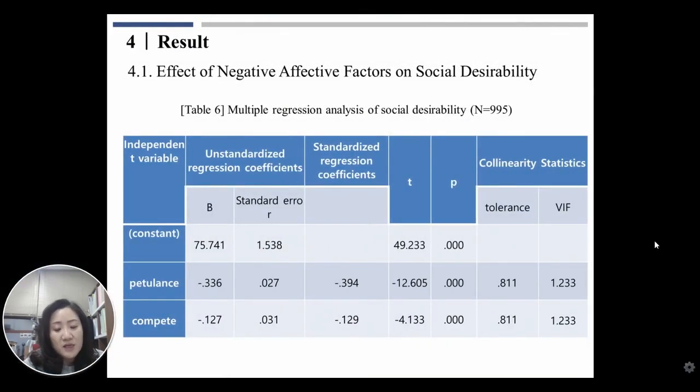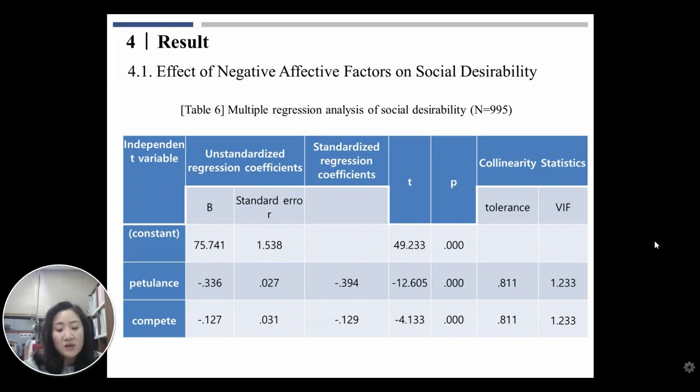As a result of multiple regression analysis on social desirability, it was confirmed that there was no multicollinearity, with tolerance of 0.1 or more and VIF of less than 10, respectively.